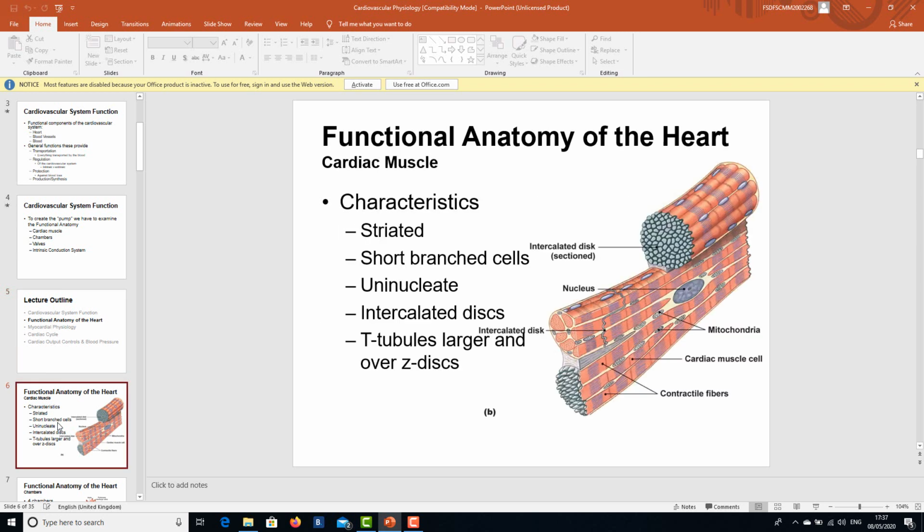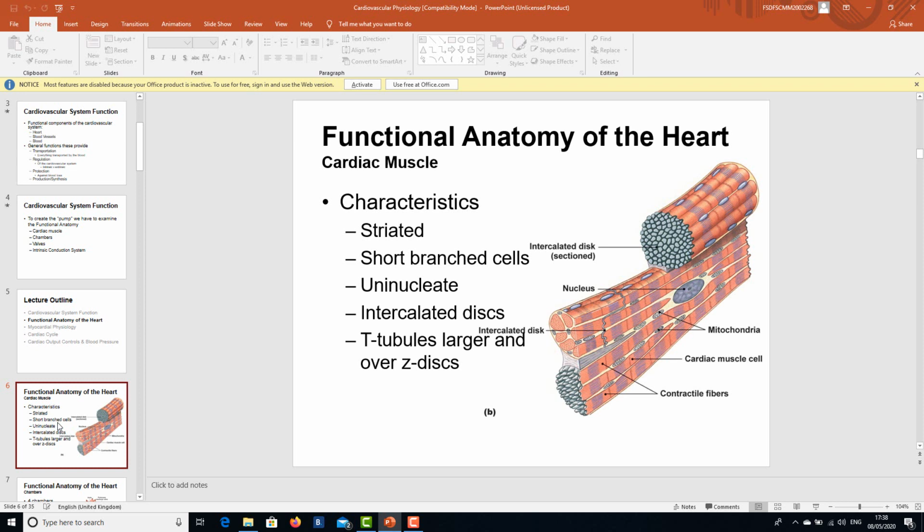Now let's see how the cardiac muscle looks. You can see that there are striations. The cells are short but branched. They are joined to one another by means of intercalated discs. They are uninucleated.